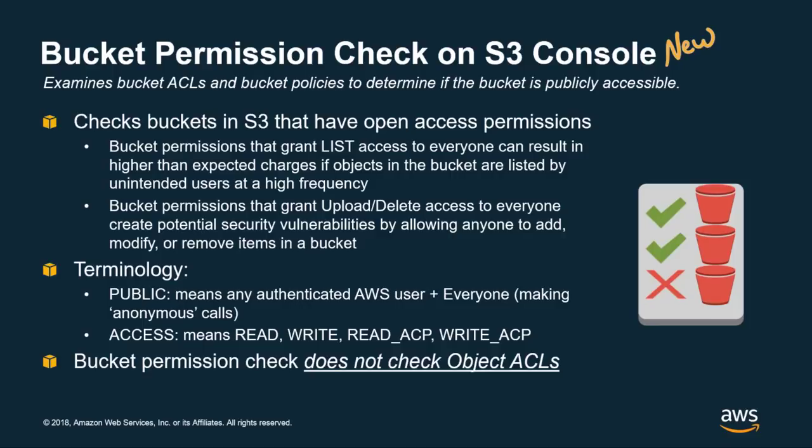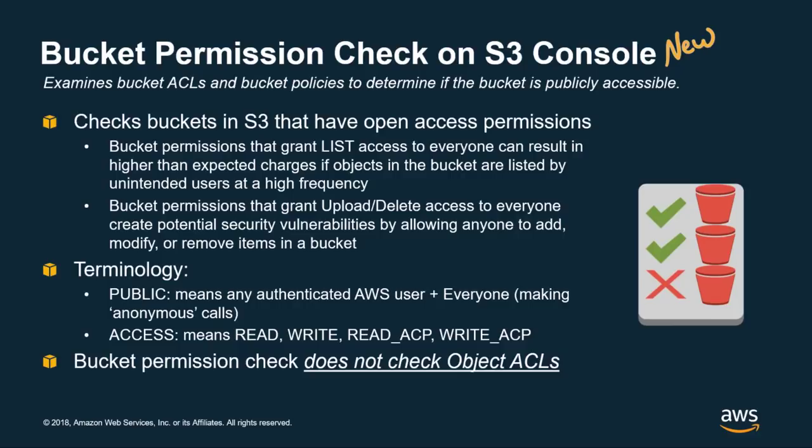So it checks for buckets in S3 that have open access permissions, such as bucket permissions that grant access or list access to everyone, which can result in higher than expected usage charges since we charge for list, particularly if unintended users do it at high frequency.